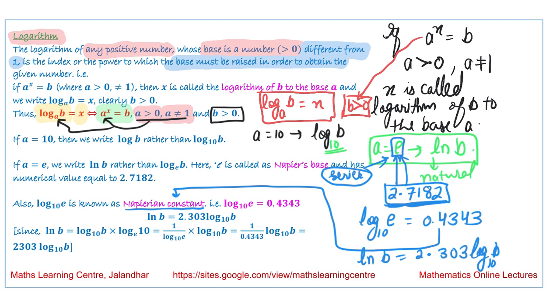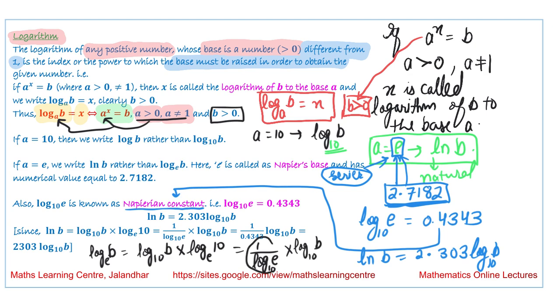Why are we getting this answer? We are saying that log b, with the natural base, is equal to log b to the base 10 into log of 10 to the base e. This is equal to 1 by log e to the base 10 into log of b to the base 10, and the value of 1 over this term is equal to 2.303.